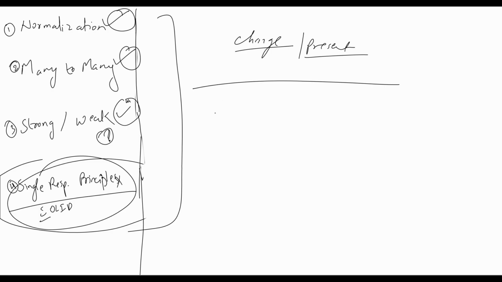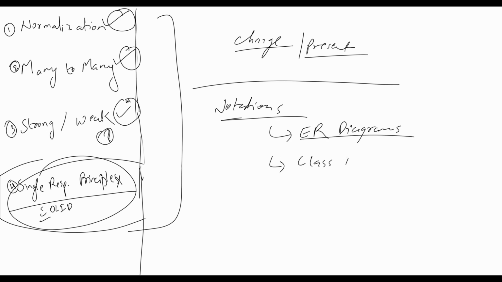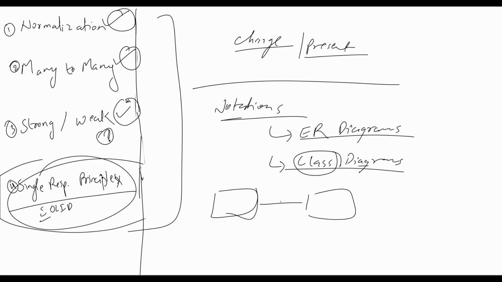In the next one, maybe we'll talk about notations, because one important thing in database design is ER diagrams. There are also class diagrams. You can depict using those also. Even though it's called a class diagram, you can make entities, boxes, and connect them to each other using crow's foot or cardinalities.